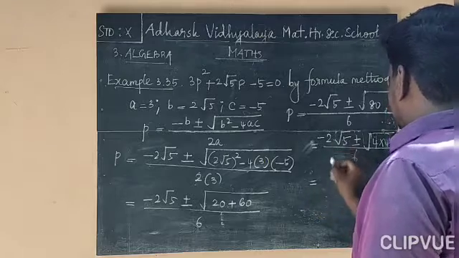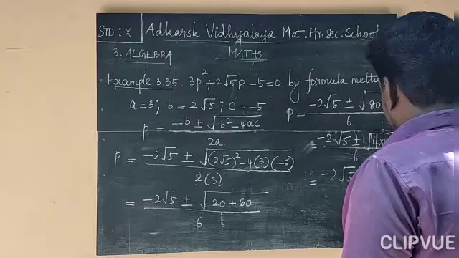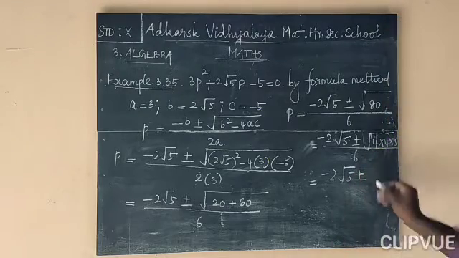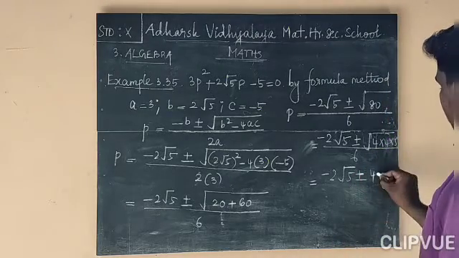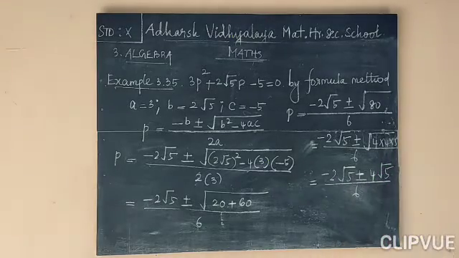So now minus 2 root 5 plus or minus, square root of 16 becomes 4, 4 root 5 divided by 6.